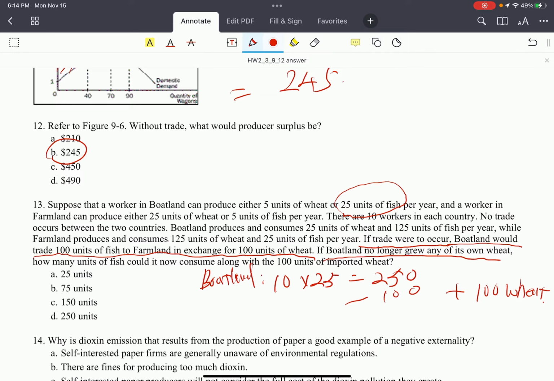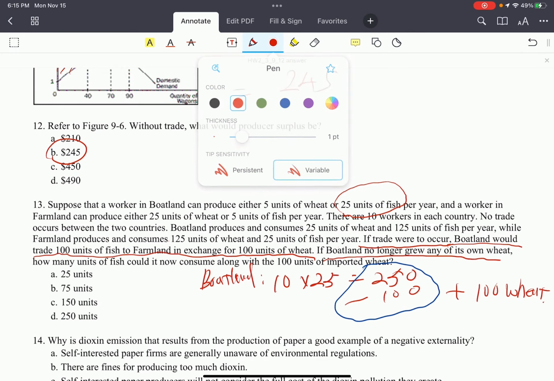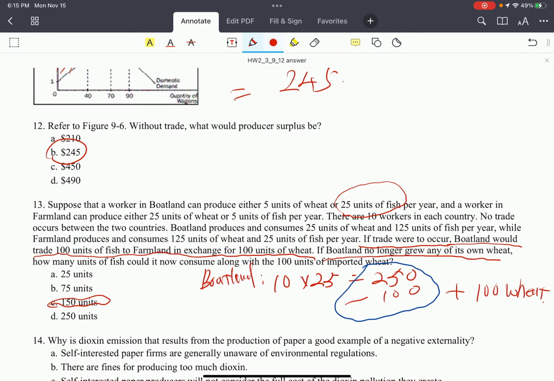Well, this is pretty easy actually. So we just look at these two numbers, right? The total quantity is 250, and then Boland trades away 100 units of fish. So the amount Boland will keep for themselves would be 250 minus 100. So the answer here is 150. So you should choose C here.